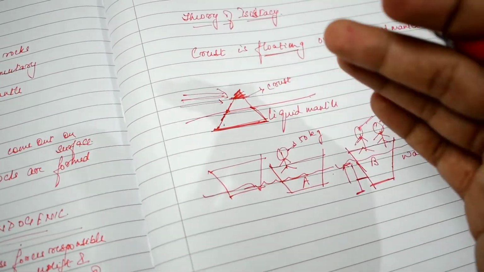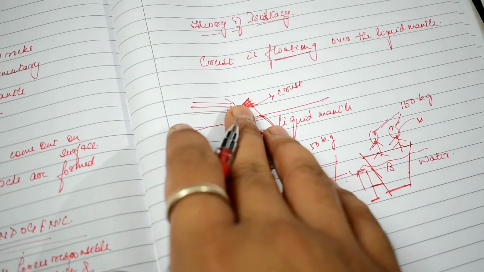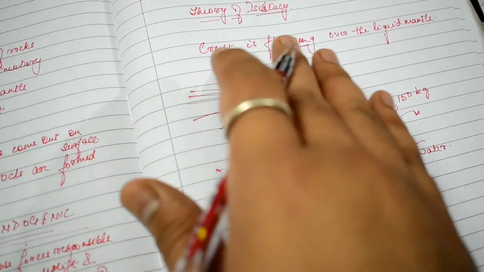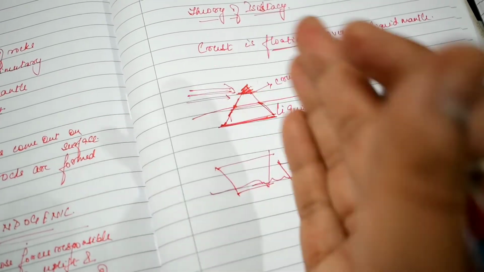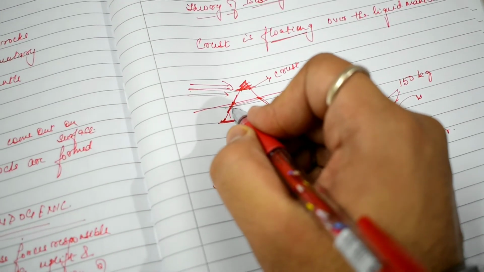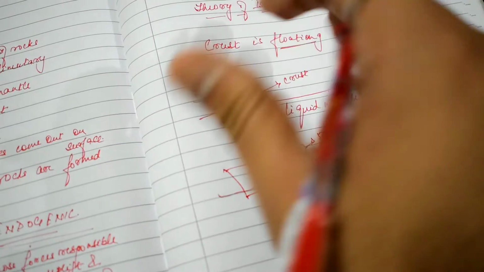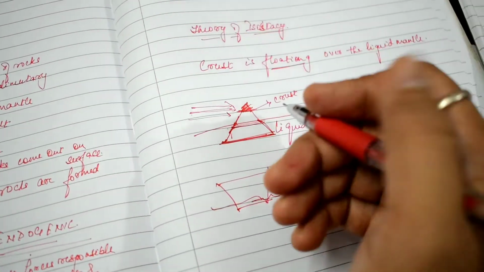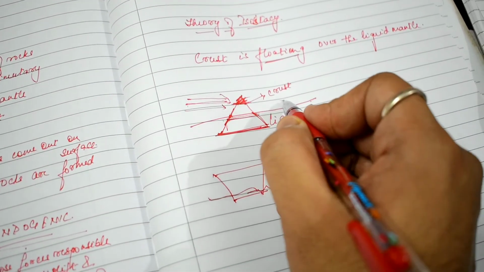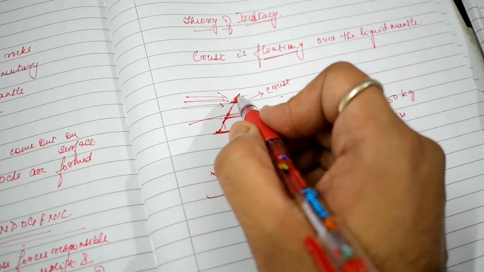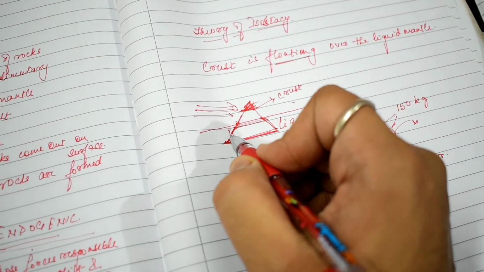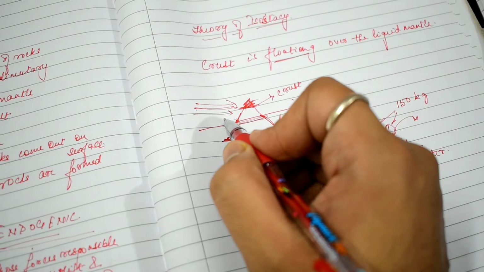Let me try to make it more clear. As this mountain is getting eroded, it is getting lighter, and some part of it is coming up to the surface. So the height is remaining nearly the same. Why? Because as much amount is getting weathered or eroded, that much amount of the mountain is coming upwards.